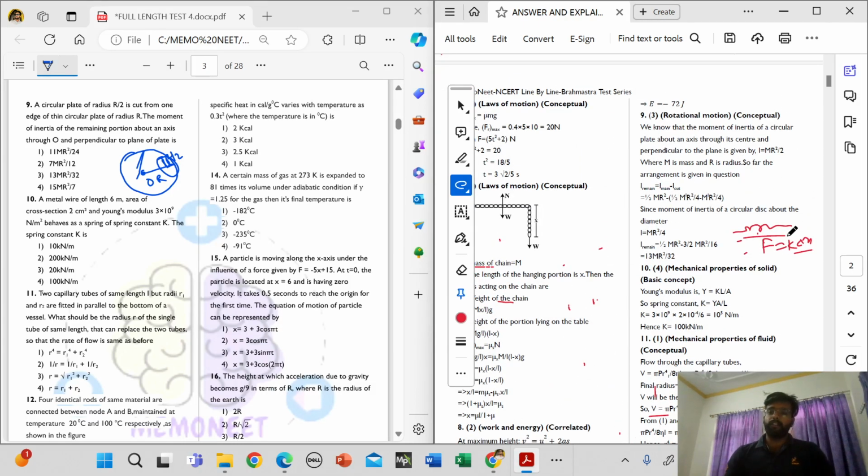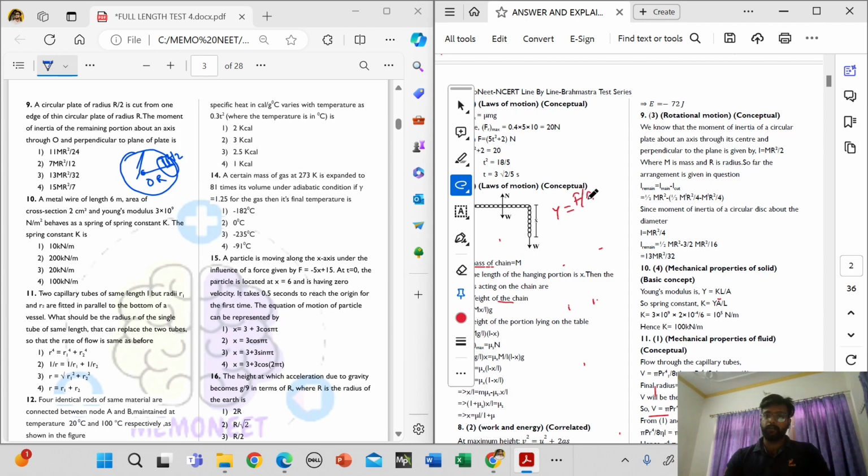And for the Young modulus, we know it is stress upon strain. So these have a relation between them. How do we find that relation? Young modulus is stress upon strain.